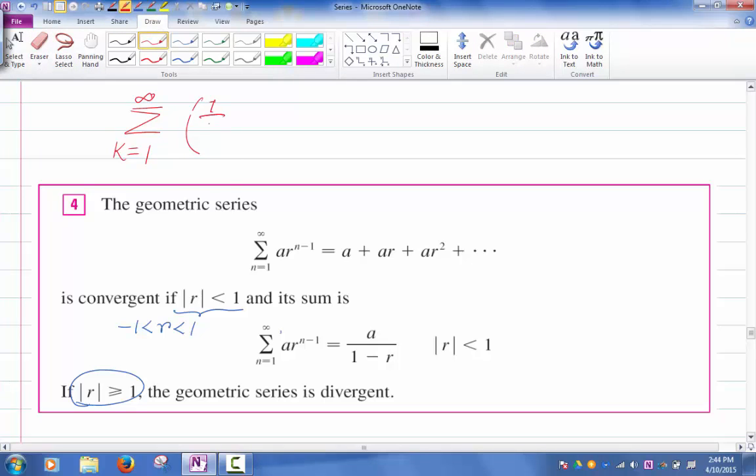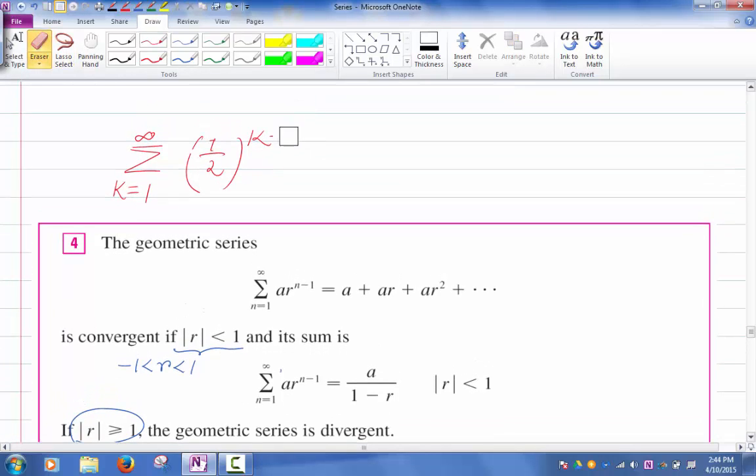Let's say half to the k. K minus 1 was easier, but let's make it k. What is the sum?